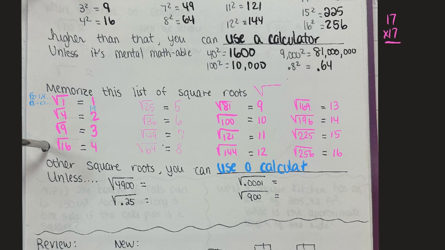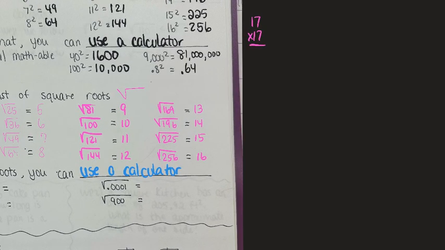Calculator. Let me see if I can pull up a calculator. I wish I had a picture of the school calculators. The school calculator has a button that says x squared, and above that, in a light blue, it has a square root symbol.